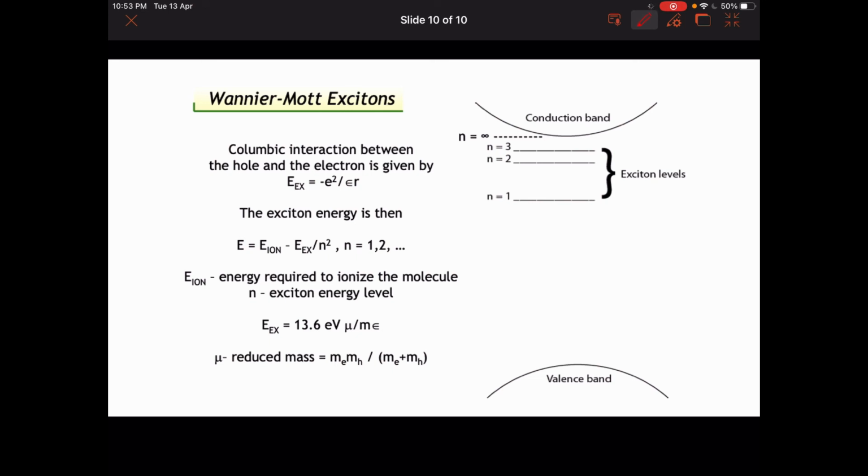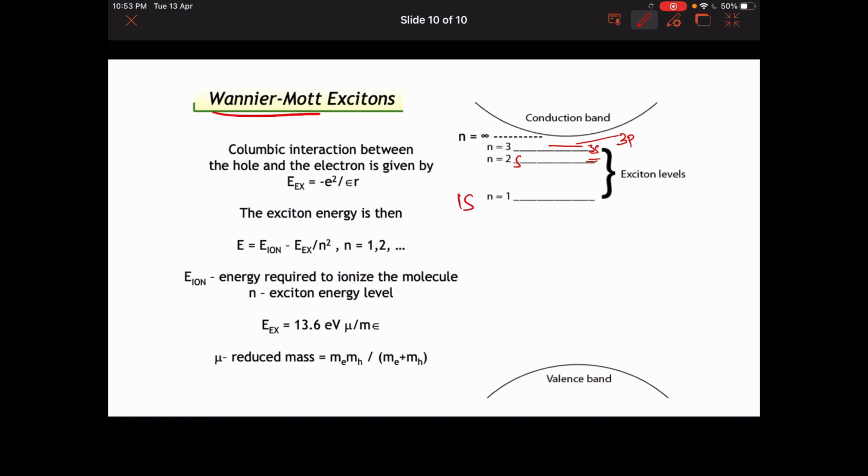So you have 1s, 2s, and let's say 2p, then you have 3s, then 3p energy levels, then 4s, 4p, 4d, 3d, and all those energy levels like you typically have for the hydrogen atom problem. Such kind of excitons are called Wannier-Mott excitons.